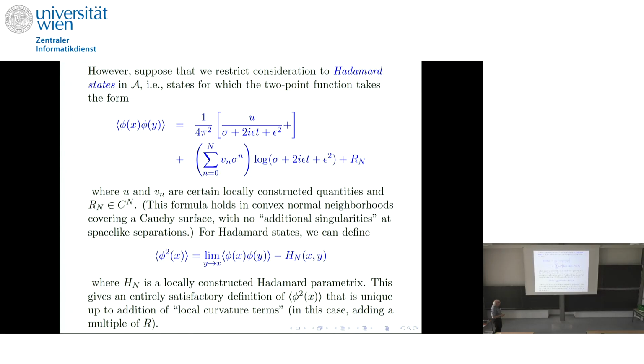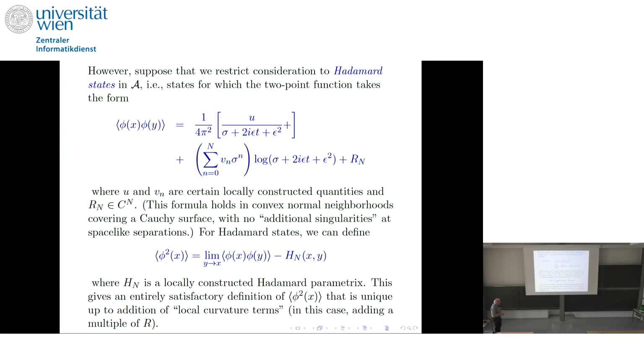So the idea is that you could try to define the expectation value of phi squared at x by starting with the two-point function in whatever state you wanted, subtracting off a locally constructed covariant Hadamard parametrix, and then, of course, you do the subtraction and take the coincidence limit.